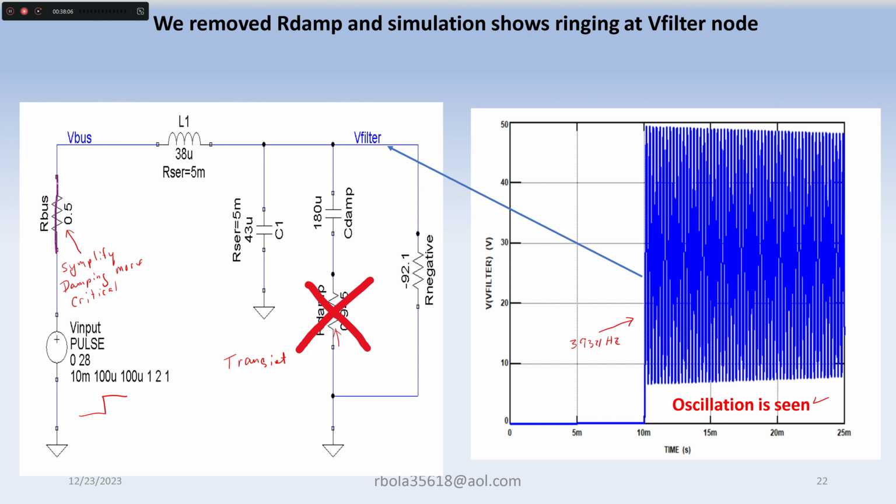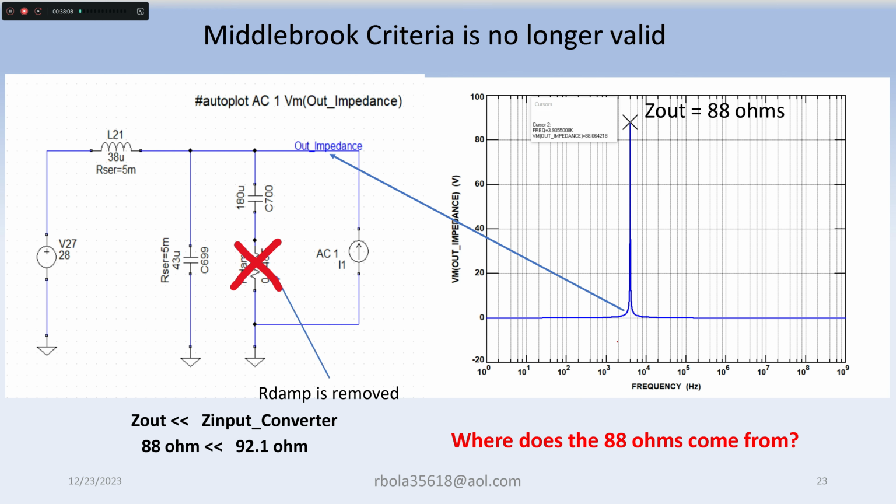Once you do that, you can put back your current source and then measure the output impedance to see why it's oscillating.